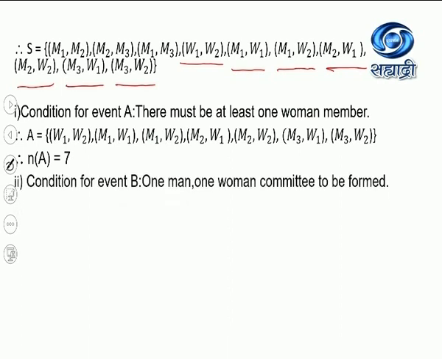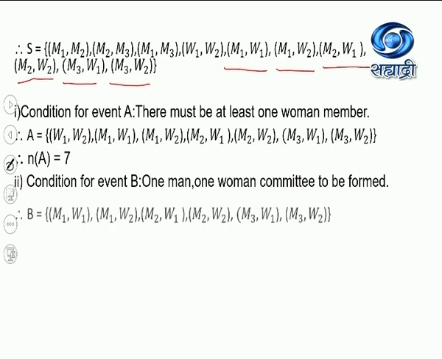Now let us write the condition for event B. A committee of one man, one woman is to be formed. Children, if you see, one man, one woman, I am going to underline. All these sample points have one man and one woman.